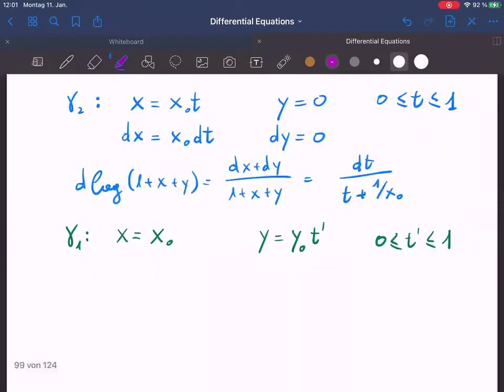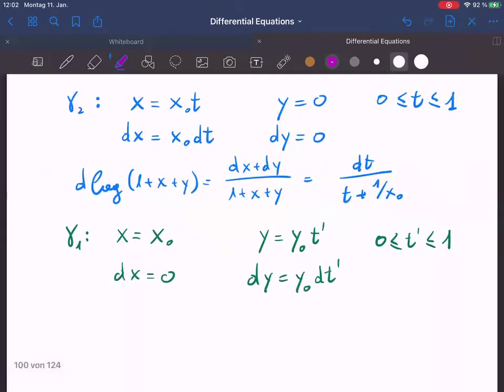And so if you look at the differential form, d log 1 plus x plus y, well, first I can write it as dx plus dy over 1 plus x plus y. This is just the integral of the log. And now you plug in what x, y, dx, and dy are. And you get dt over t plus 1 over x naught. But that is indeed literally what you would expect from polylog.